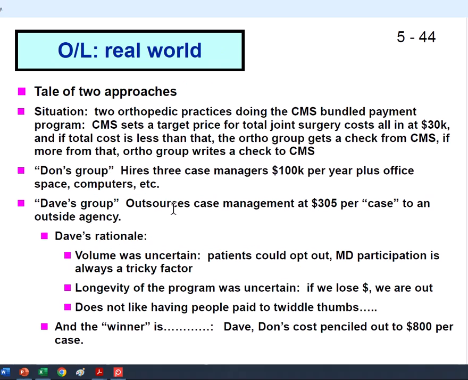Now I'll give you a more classic example that summarizes this, and it's an interesting one because it's actually real. You're going to learn about value based care in a few lectures.